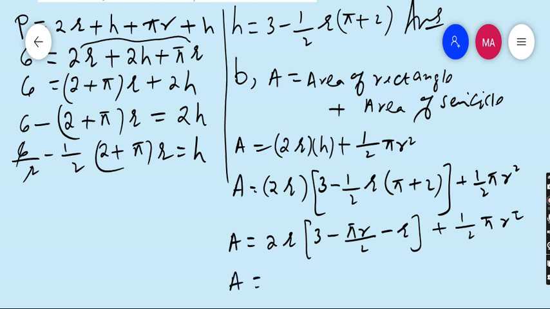A is equal to 2r into 3 is 6r. 2r into pi r upon 2, the 2 cancels by 2, is pi r square. 2r into r is minus 2r square, plus half pi r square.